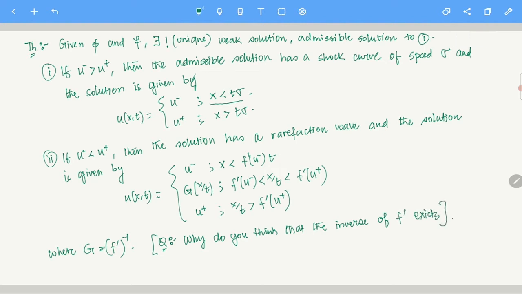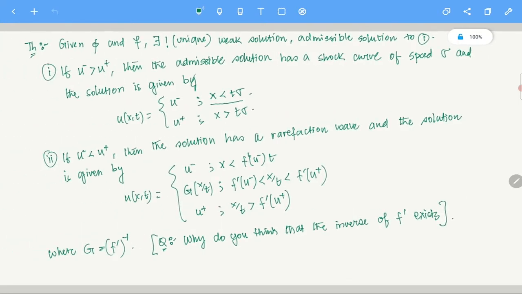We certainly did not start with f prime being bijective and everything, right? We did not start with that. So why does the inverse exist? That is one question which I am leaving for you to think about. Okay, so let's prove this theorem and then we'll go from there.